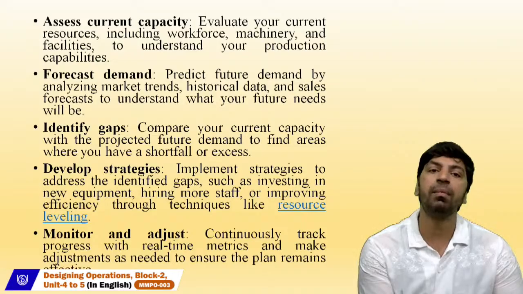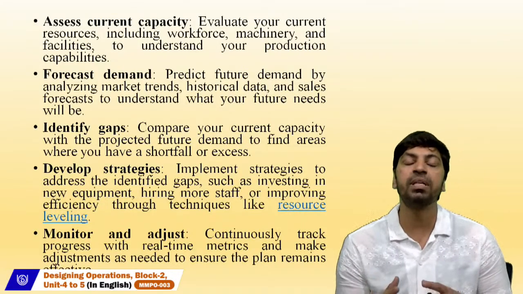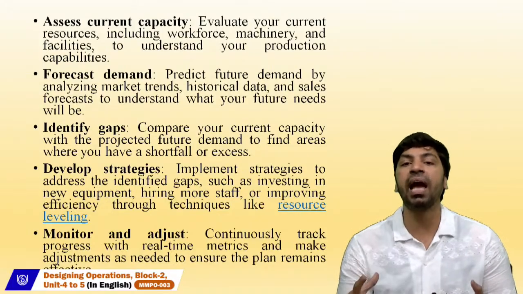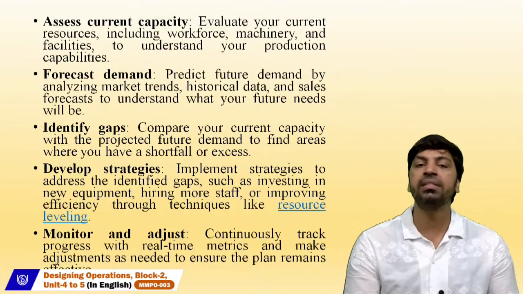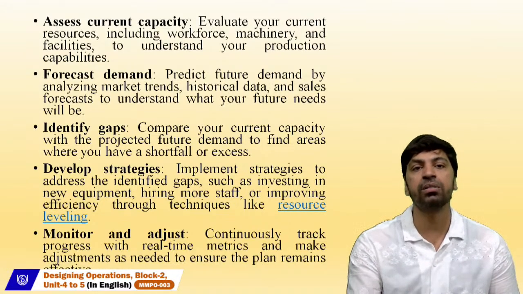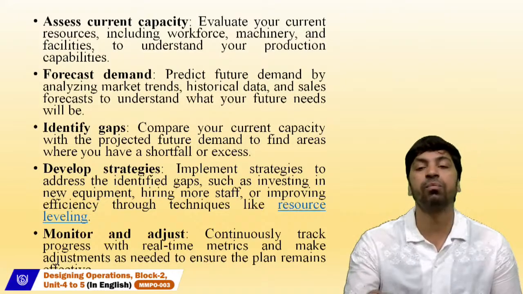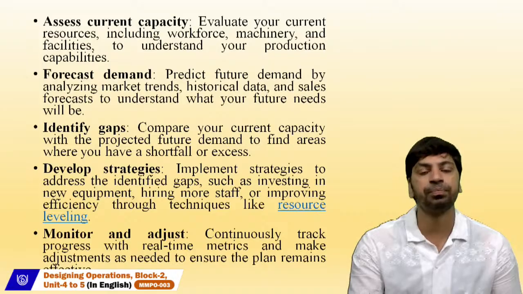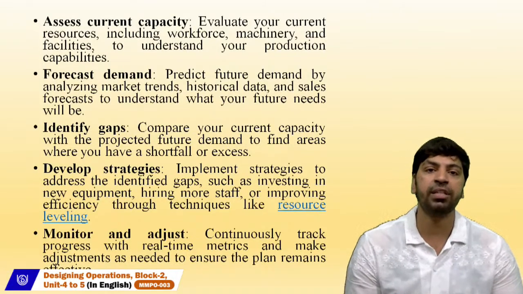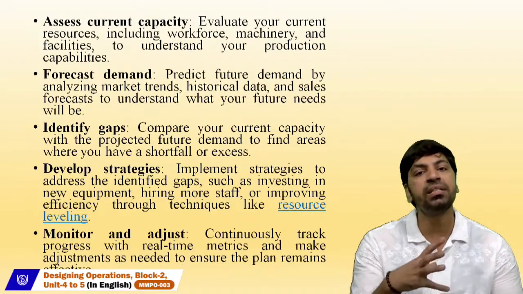Next is develop strategy. Once the organization identifies the gaps, based on the gaps or the scenario, the organization or the decision makers could begin to develop the strategies. It could be a lag strategy, a lead strategy, or the match strategies. So it is the duty of the organization to implement the strategies to address the identified gaps.